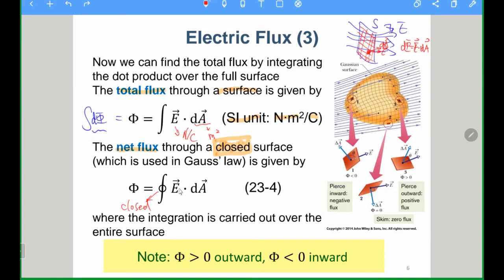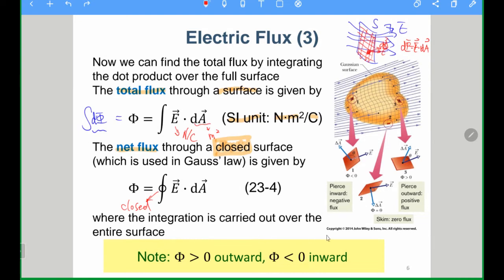Okay, so here we will talk about the direction of the net flux. We cannot determine the direction on our own for the dA and also the flux. Here it says phi is larger than 0 if the flux is flowing outward, and phi is less than 0 if the flux is flowing inward.